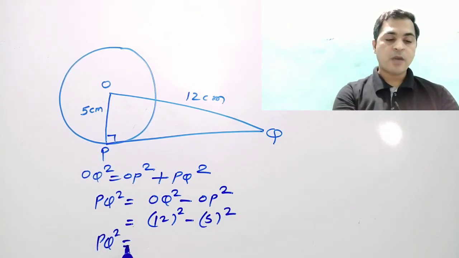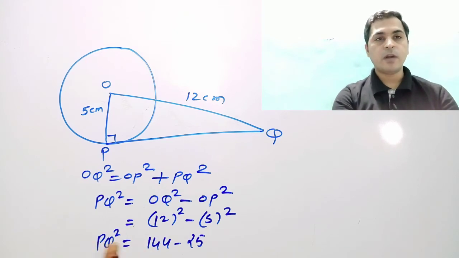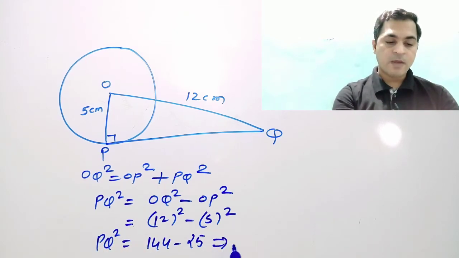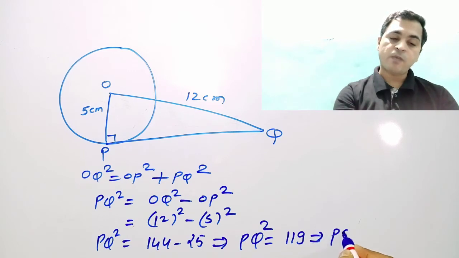So 12 square, 144, minus 25. So PQ square is equal to 119.